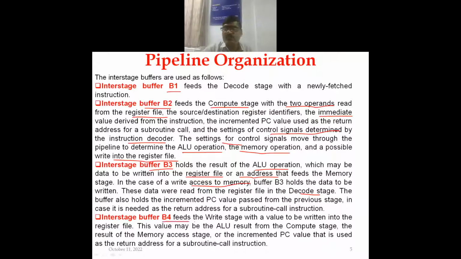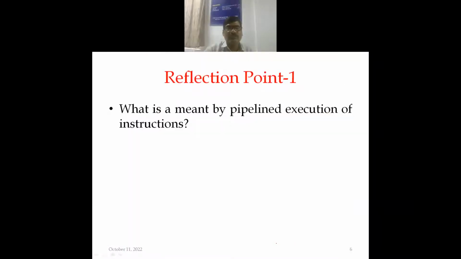Coming to interstage buffer B4, it feeds the write stage with a value to be returned to the register file. This value may be the ALU result from the compute stage, the result of the memory access stage, or the incremented PC value used as a return address for a subroutine call. So these are the four interstage buffers used between the five phases.